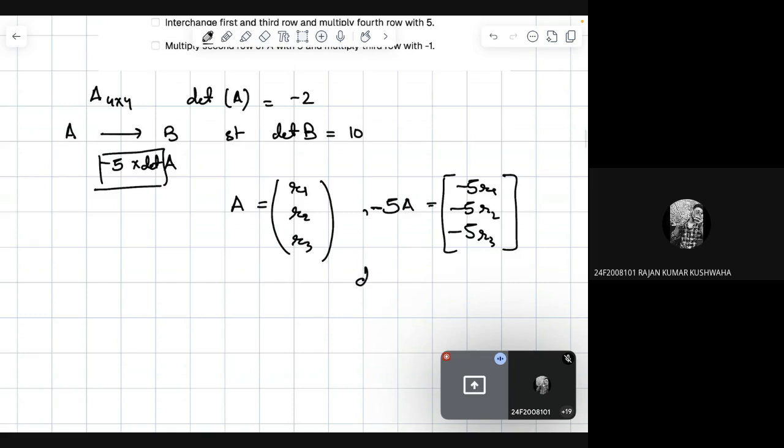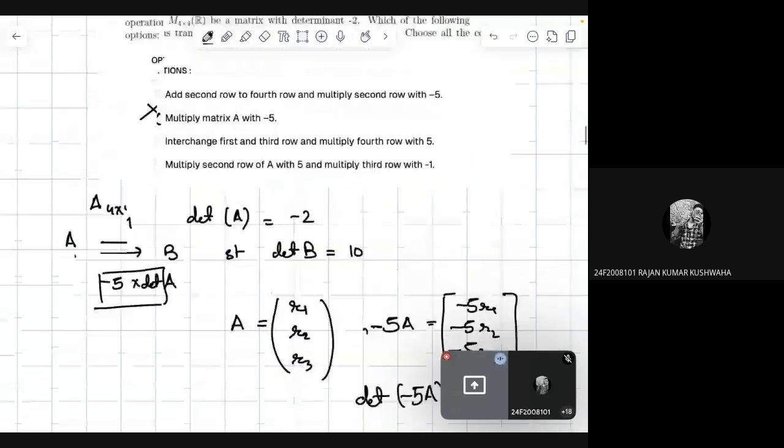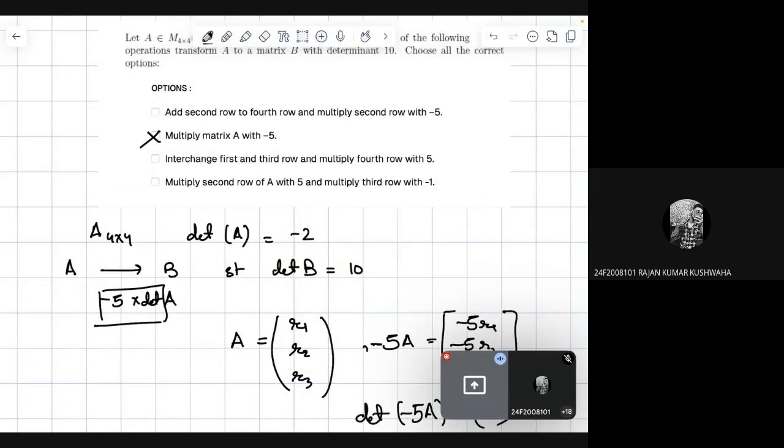So the determinant of minus 5A becomes minus 5 cube into determinant of A, because multiplication of each row results in a multiplication of minus 5 with the determinant. And so the second option is not correct.